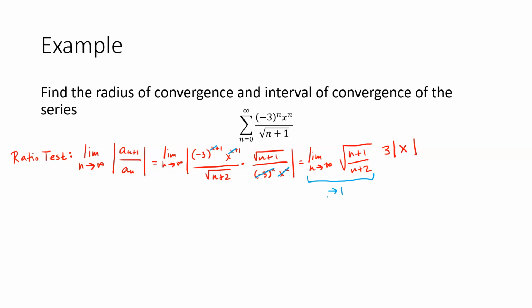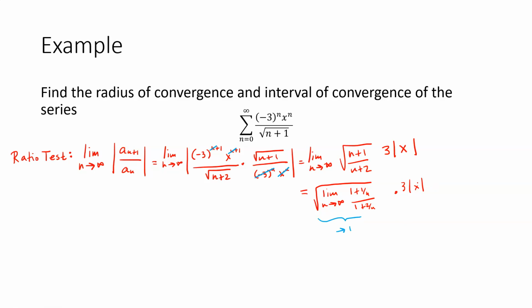One way I could see that, let's walk through the steps of why that's the case. I can bring the limit inside of the square root. And this simplifies to 1 plus 1 over n, and then 1 plus 2 over n, which approaches 1. So now we see that this has to approach 1.